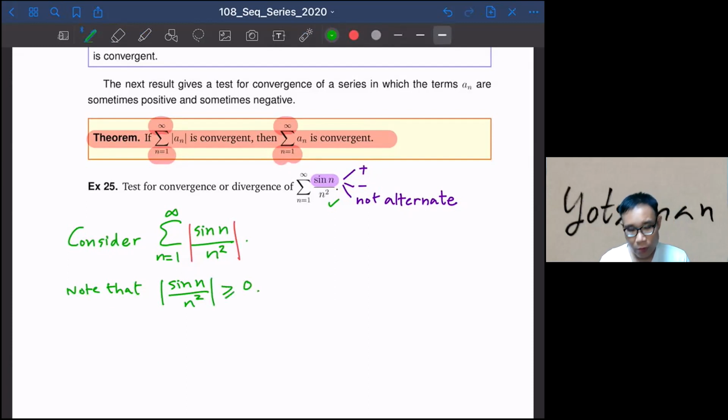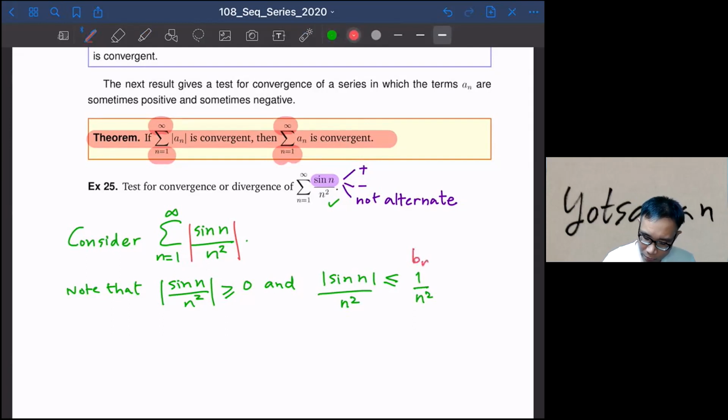So we know this is positive, and we can use the comparison test. The absolute value of sine n is less than or equal to 1. Divide by n squared on both sides. So you see that this one is less than this one, and this one is bn. This one is the absolute value of an.